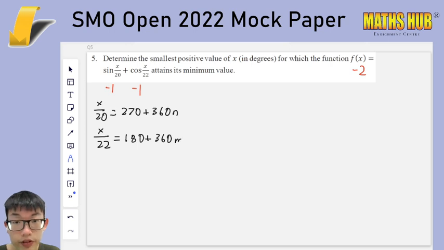Okay, I'll use a different variable, I'll use n and m. So we want to make sure that we can find such an x that would make both m and n integers. Well, positive integers, but that's a given if x is positive.